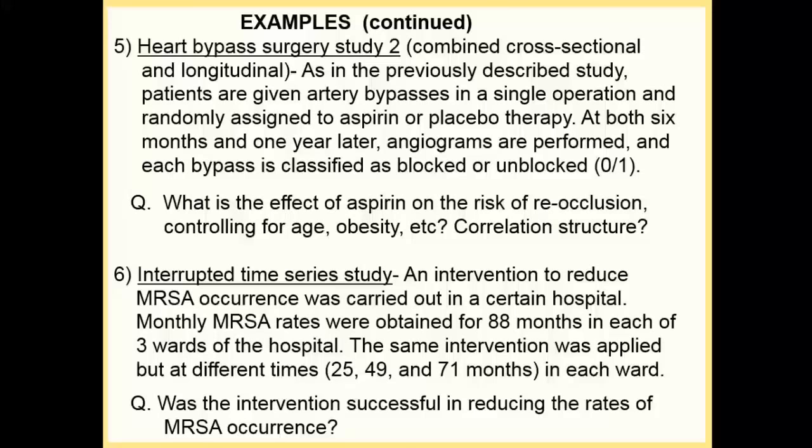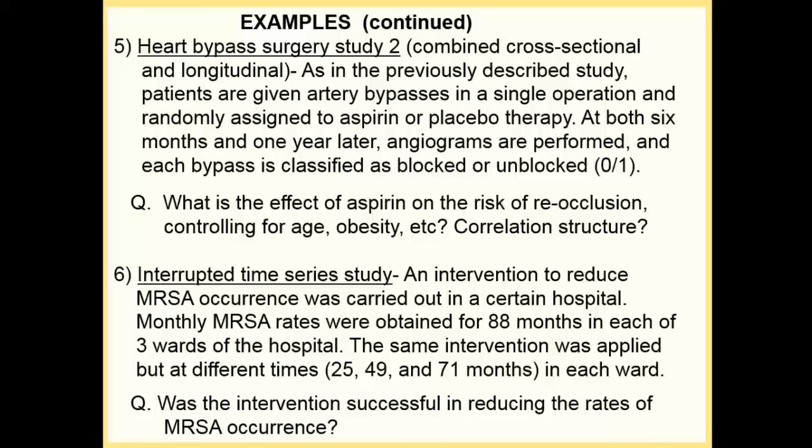So what correlation structure is that? It's not that easy, because what's going on? At 1 year or at 6 months, either one of those times, we're talking about cross-sectional information. We're talking about not over time, within a specific amount of time. When we talk about 6 months versus 1 year, we're talking about a longitudinal part of the study.